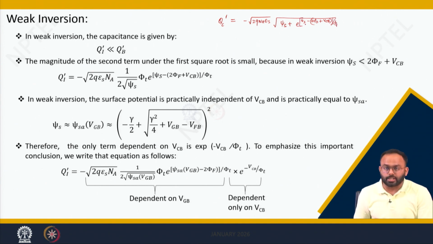This is the total channel charge, and based on the value of surface potential, it will be decided whether you are in weak inversion or strong inversion. Let us consider that you are in weak inversion.